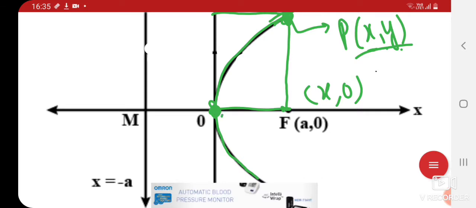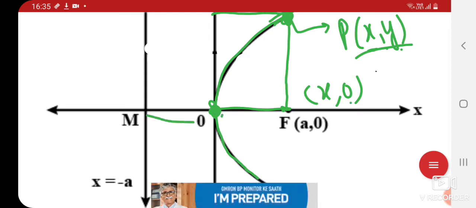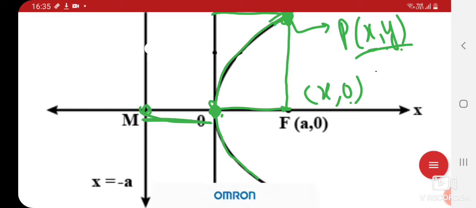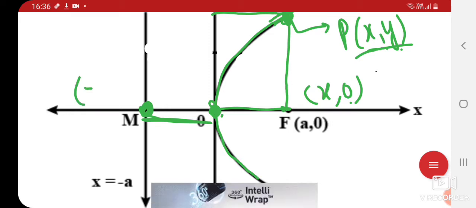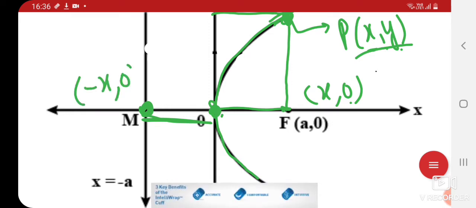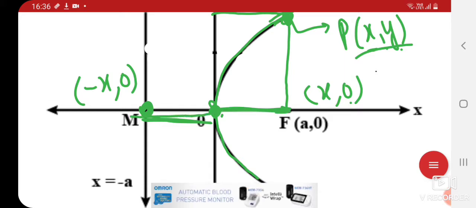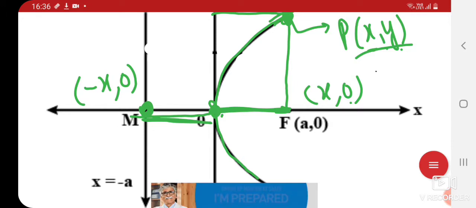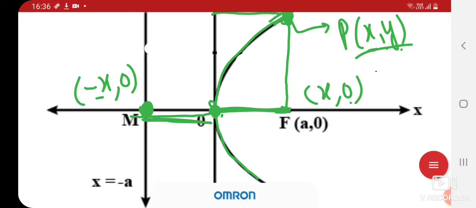So this point you obtain is (x, 0). Now this point will be (-x, 0). Why minus x? Because if this is x, then it will be the negative magnitude of this. That means this will be minus x, and as you are obtaining this point on the x-axis, y will equal 0.